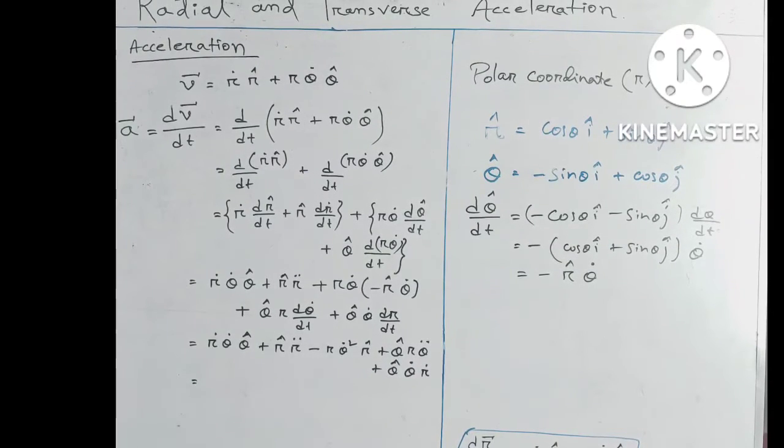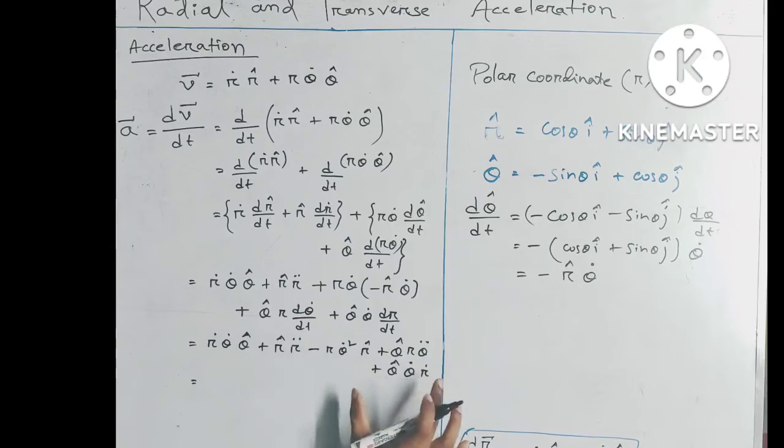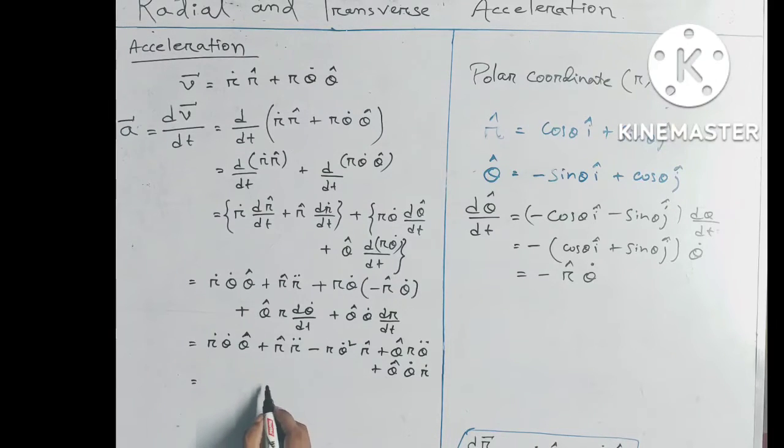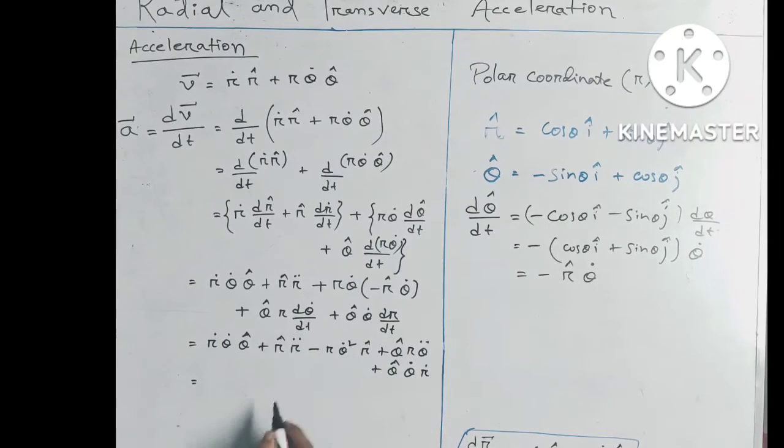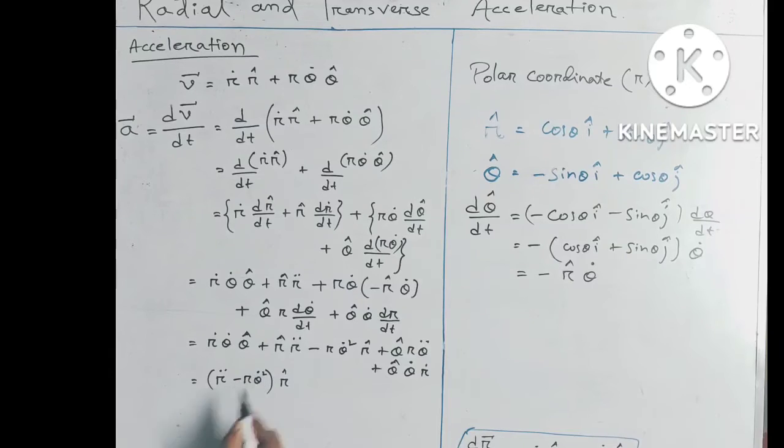Now we have to arrange this whole term, one with respect to r cap and the other with respect to theta cap. So for r cap, there is r double dot and here minus r theta dot square. So r double dot minus r theta dot square.